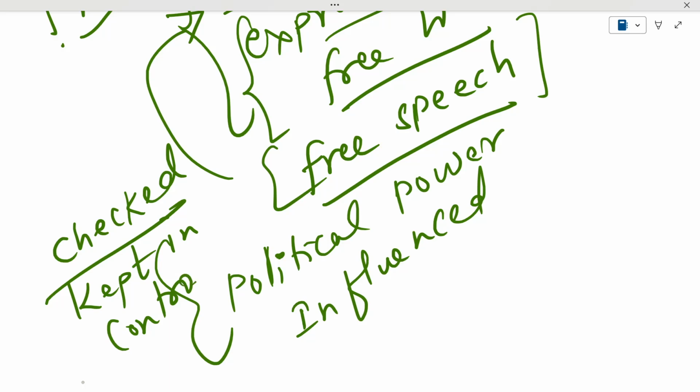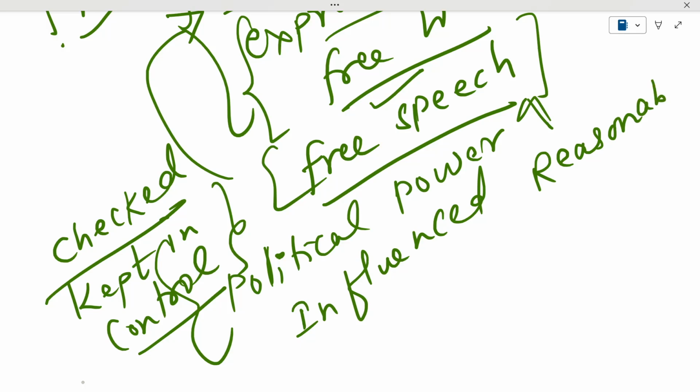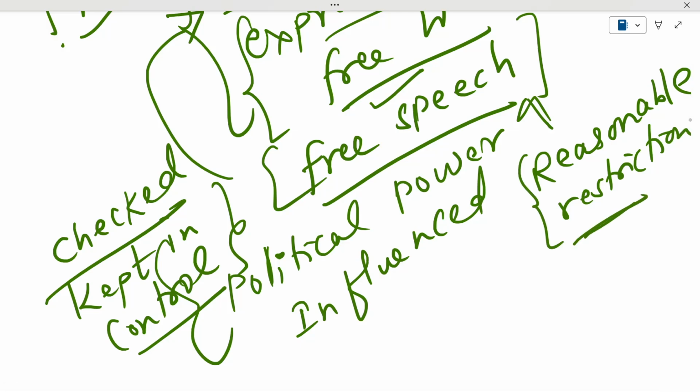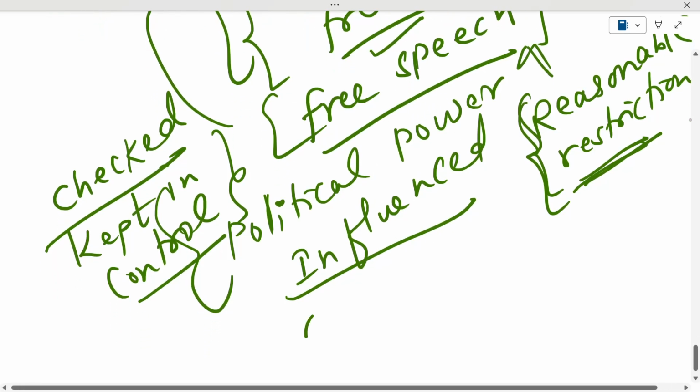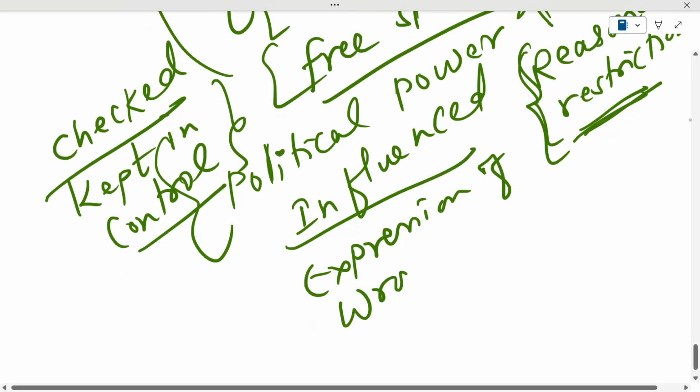And in democracy, when people are expressing themselves via free speech, if such free speech is hindered, the dimension of reasonable restriction will be there. If you have free speech, it does not mean that you spread hatred or speak ill about any person. I'm talking about expression of wrongdoings of political leaders, expression of what's wrong.